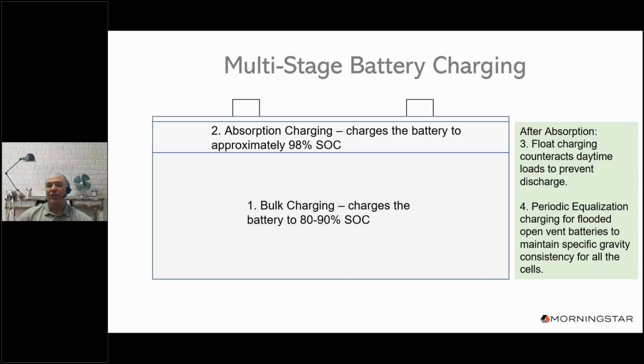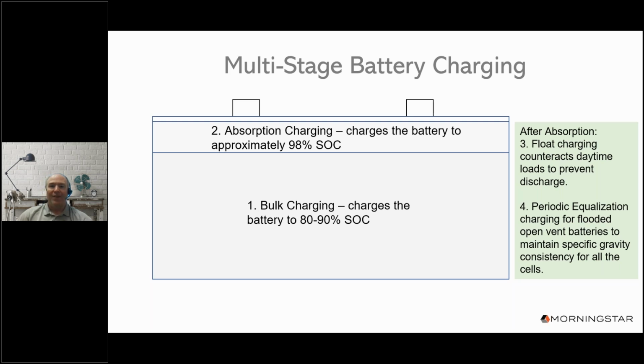Then when the battery reaches the absorption voltage set point, constant voltage regulation is applied, but the current is reduced as the batteries approach a full state of charge, and this prevents heating and excessive battery gassing. When absorption charging is complete, the battery has about 98% state of charge. Then the charging current is reduced further, so the battery voltage drops down to the float voltage.